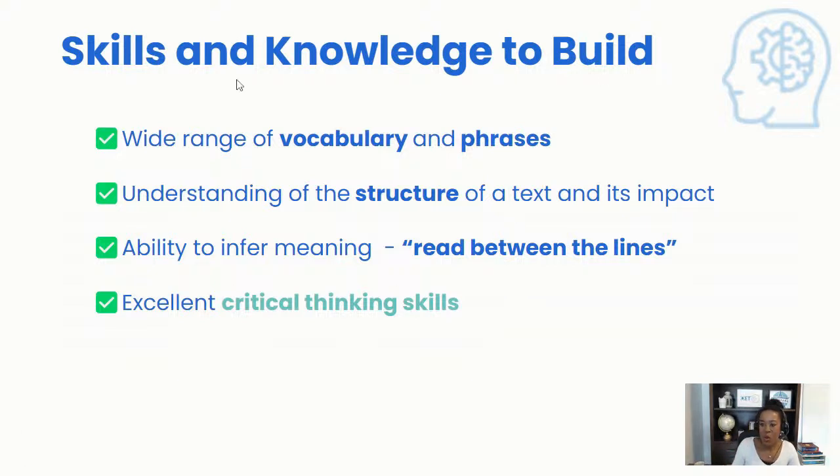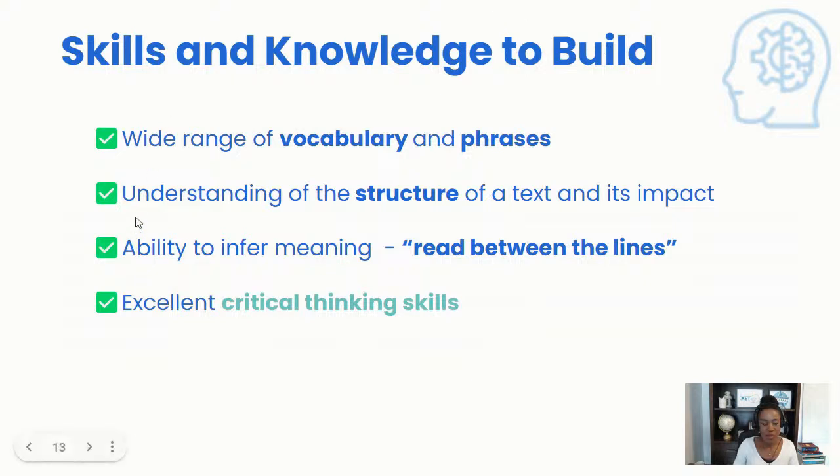Why it can become tricky is that sometimes there's vocabulary that needs to be learned, or phrases that perhaps you just don't know yet. So a wide range of vocabulary and phrases is going to be needed, and this is knowledge that needs to be built over time.